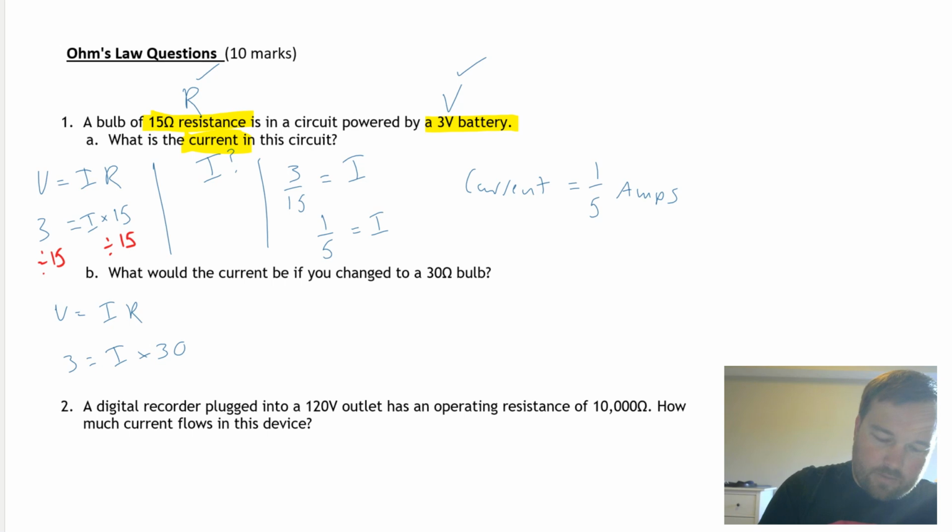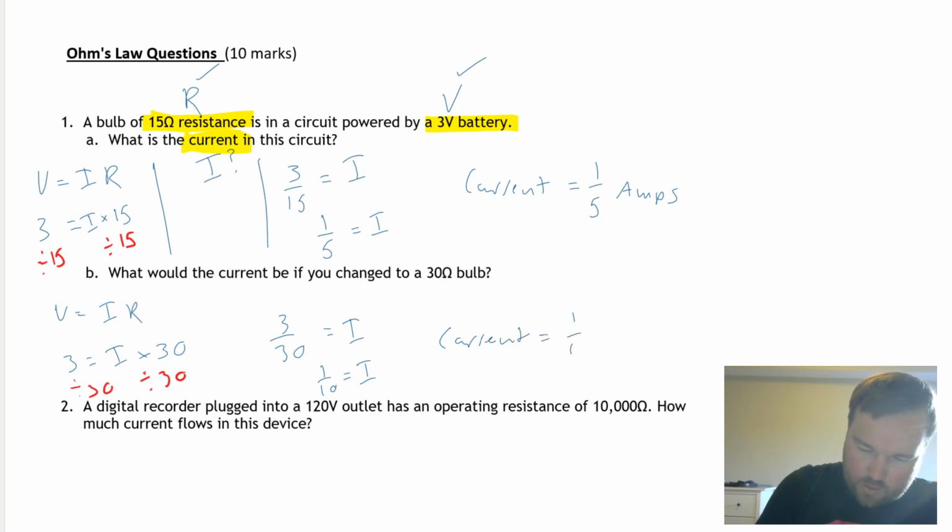Same again, we divide by 30. 3 on 30 equals I. 3 on 30 we can abbreviate to 1 on 10. A factor of 3 comes out of both. And therefore current equals 1 on 10 amps. I should give it a capital.